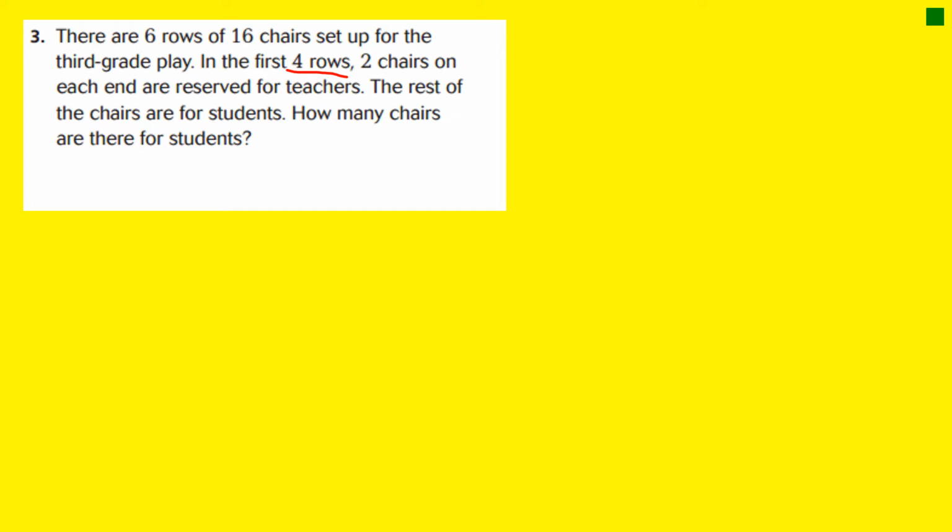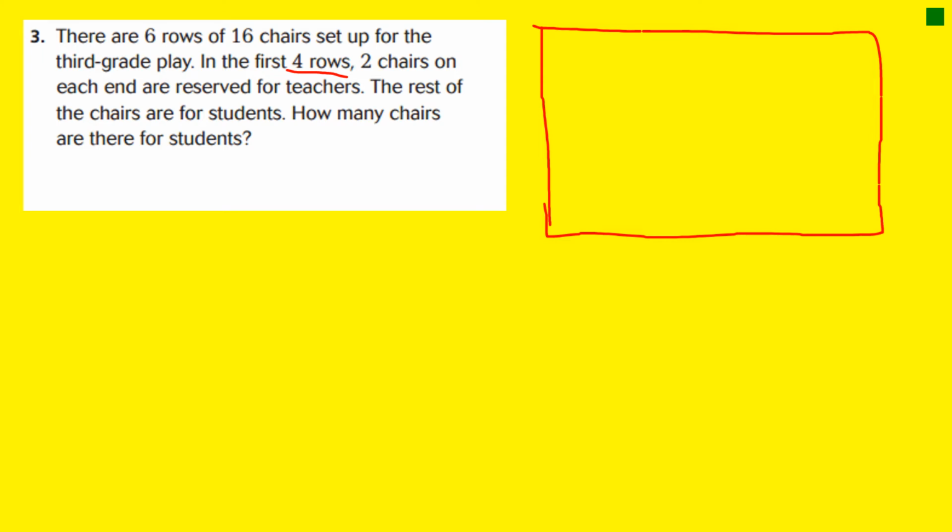How many chairs are there for students? Oh, so I'm going to draw, right? We just did this one in another page about, remember section J or something? Okay, so that's the seating area. There are 6 rows. How many chairs in each row? 16. Okay, so far so good?